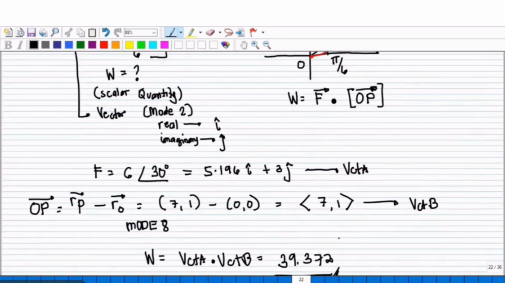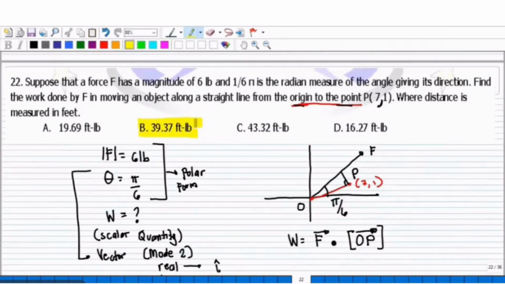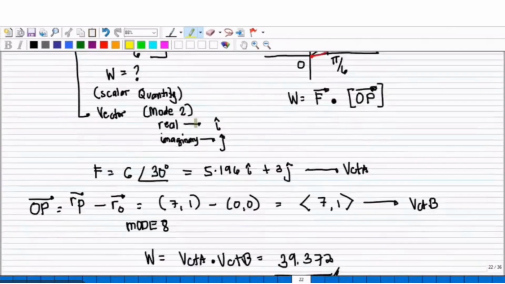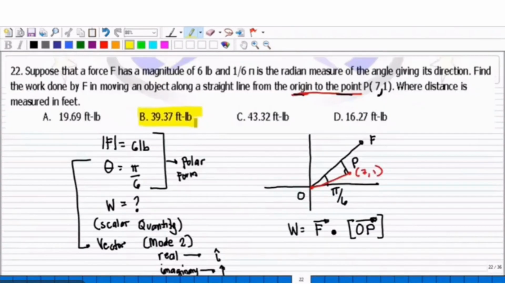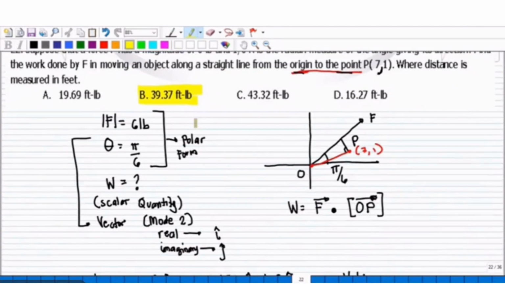And that is letter B. So letter B. Okay, part 1. Then part 2.